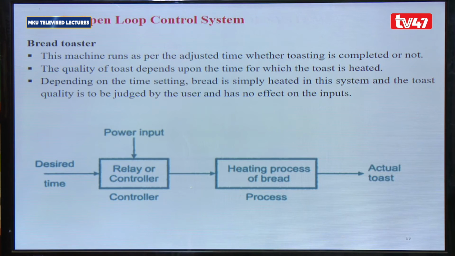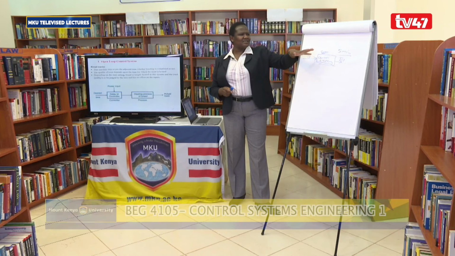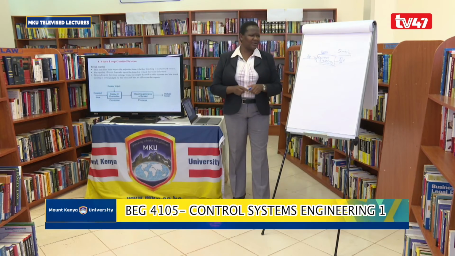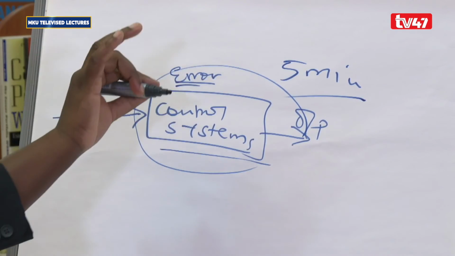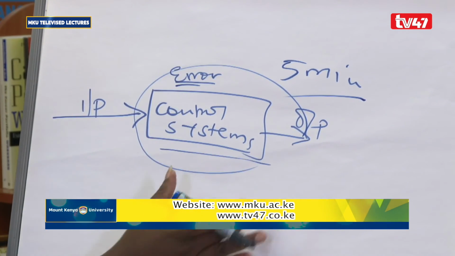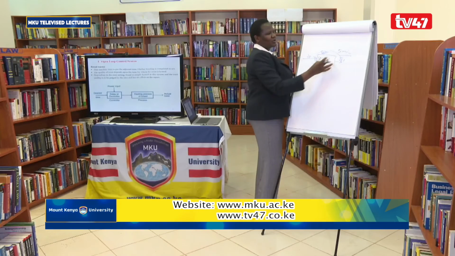For example, we have a bread toaster. Now this machine operates on preset times, in that when you set it to be 5 minutes and you're trying to toast some bread, whether the bread turns dark or is not toasted, it is none of the control's business. It is the work of the operator to check whether the bread is toasted or not, so that you either add or reduce.